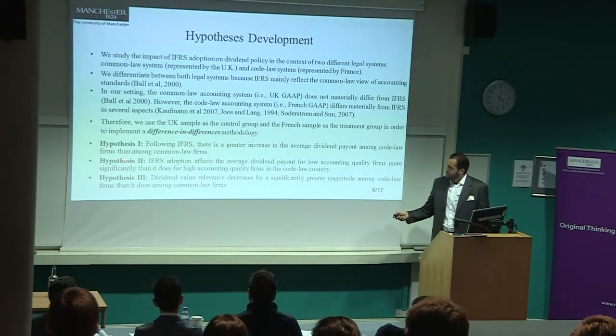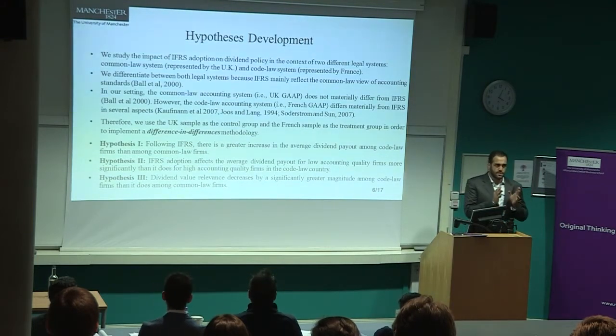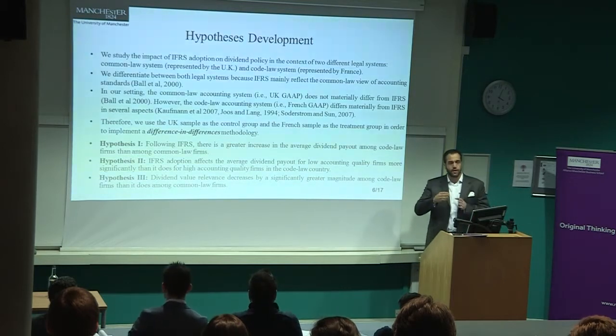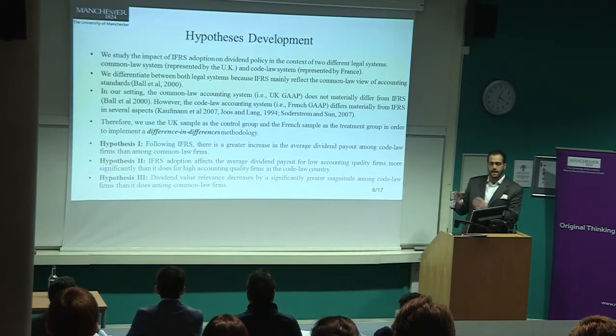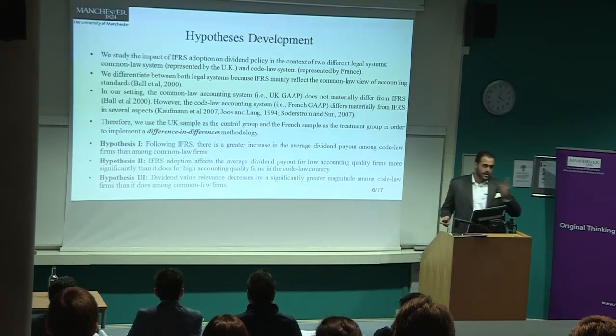In the second hypothesis, we take only France, because it's the treatment group, and we split the sample into two: a low accounting quality sample and a high accounting quality sample out of the same treatment group. So France is now categorized into two groups: high accounting quality and low accounting quality.